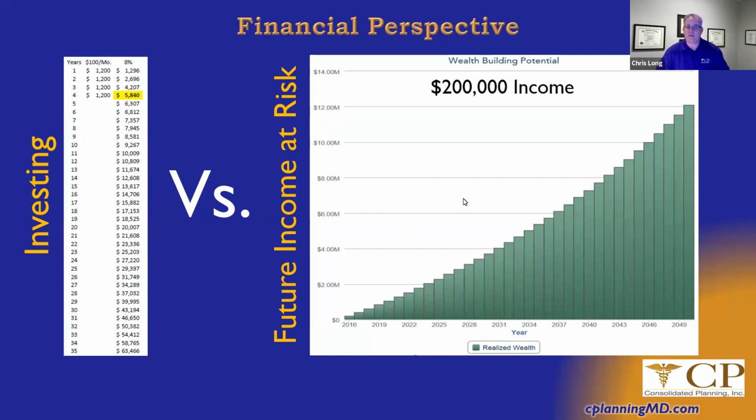Because if something unexpectedly happens, you are stuck and you have very limited options as far as what you can then try to do to protect that income. I just want people to understand that you're putting a tremendous amount at risk for the opportunity to gain very little from, say, an investment perspective.